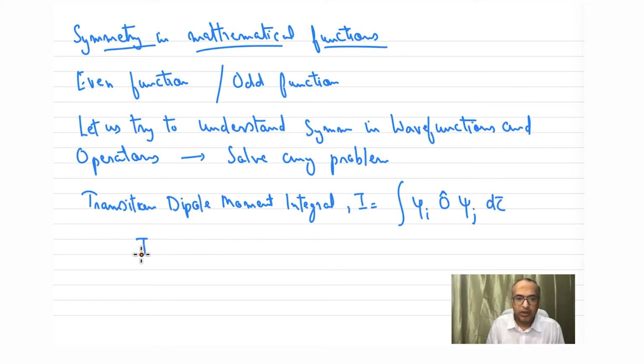Now a lot depends on whether I goes to 0 or does not go to 0. Can we apply symmetry rules in mathematical functions to say whether I is going to be 0 or not for a particular set of operators and wave functions? So let us look at how to do that.